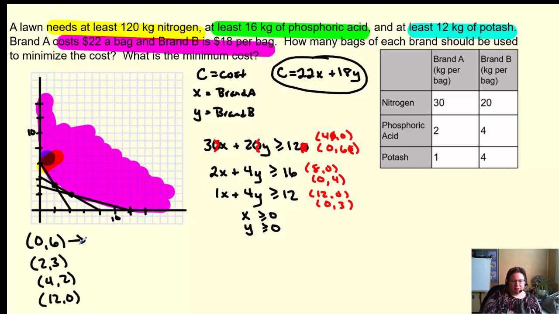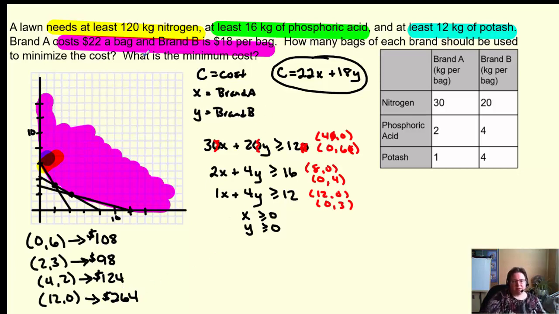So if I put 0 in there, 0 plus 18 times 6, I'm going to get $108. 2 and 3, 22 times 2 plus 18 times 3 gives me $98. 4 and 2, if I put that into my equation, so 22 times 4, 18 times 2 gives you $124. And if I put 12 and 0, 22 times 12, and 18 times 0 is 264.